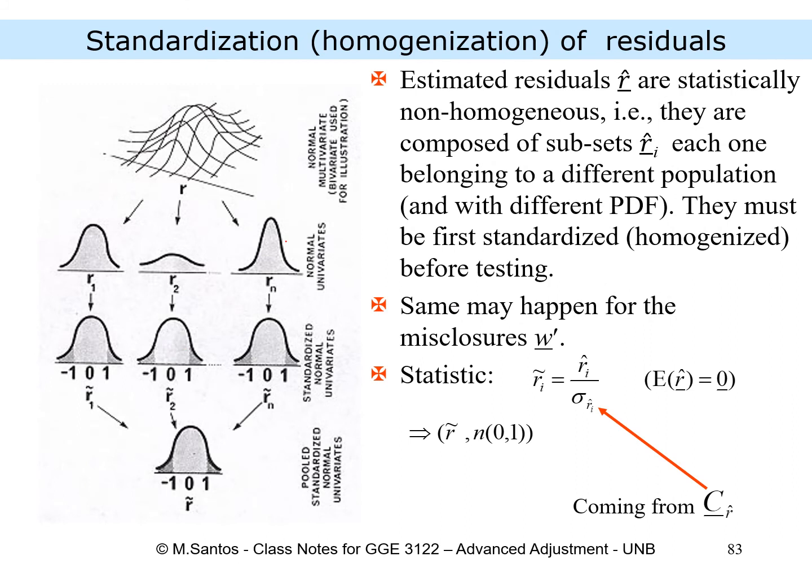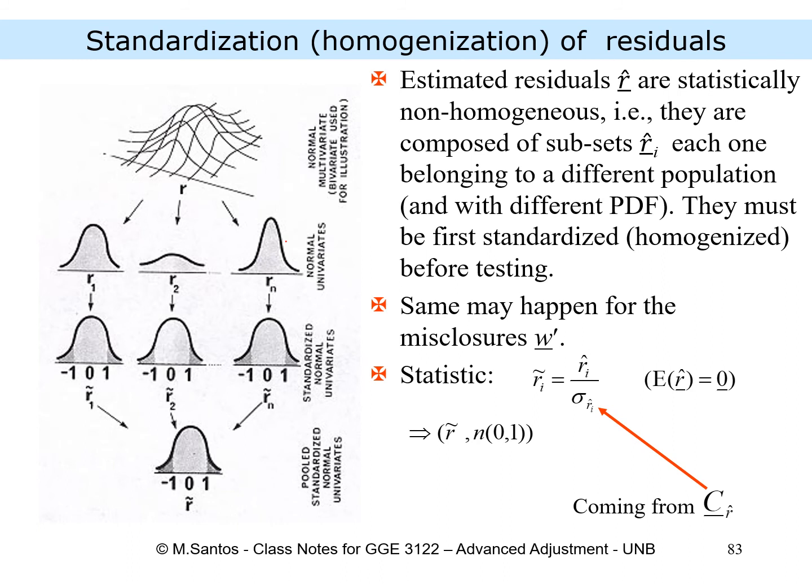Now let us talk about the standardization, also known as the homogenization, of the residuals. This needs to be done because each residual represents one of the observation sets that were collected before the adjustment, and each one of these observation sets belongs to a different population. So they have different normal distributions, different means and different standard deviations.